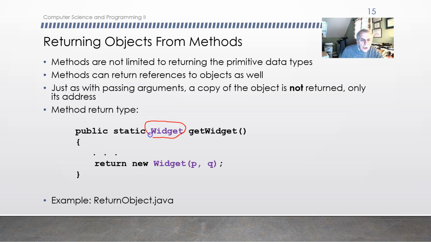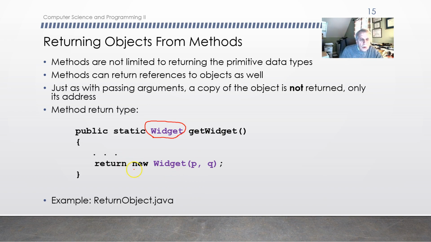Widget, in this case, is the return type. But it's not returning an object, because remember, if we instantiate this widget object somewhere, we are actually making a reference variable, and it's through that reference variable that we gain access to the actual object. So this is actually a reference variable that's being returned that points to a widget object somewhere in memory.